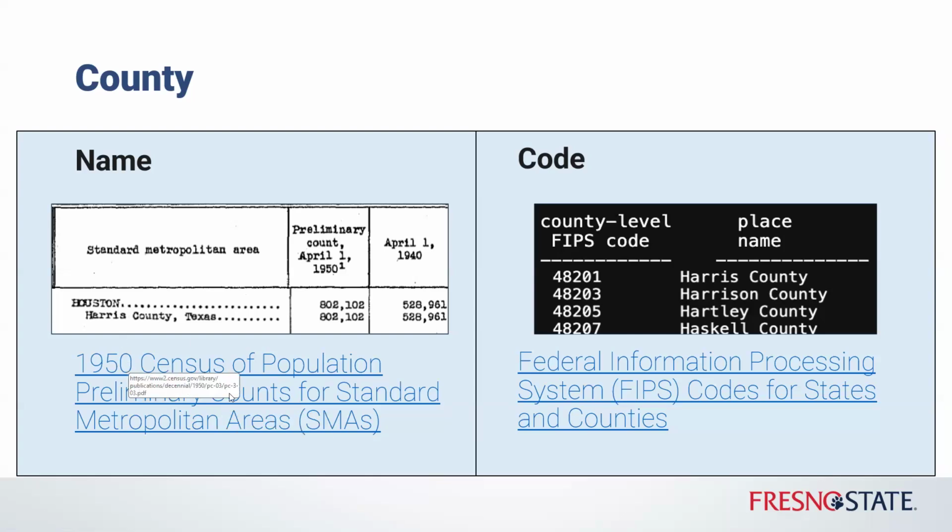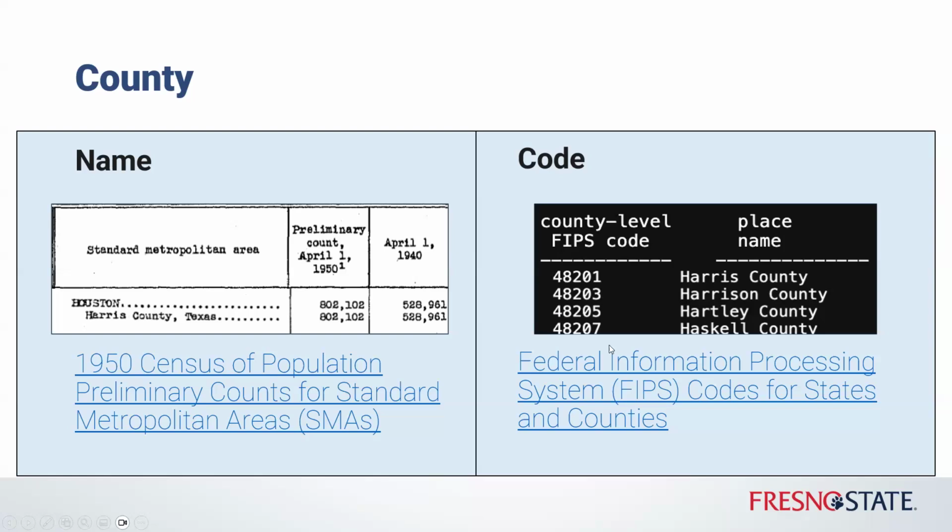You can go to the 1950 Census of Population. This is also a link that you will find in our materials. What's nice about this document is it will tell you what counties you're going to find in that metropolitan area. Houston's nice. There's only one county. It's Harris County. And so you know that you're going to be mapping every enumeration district in Harris County in order to recreate that metropolitan area.